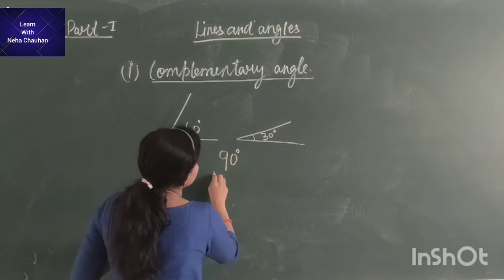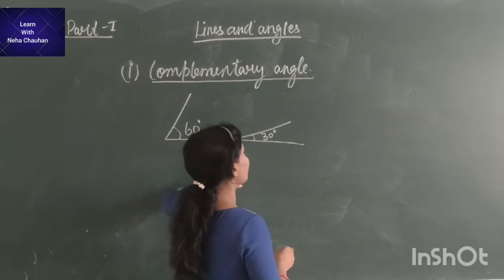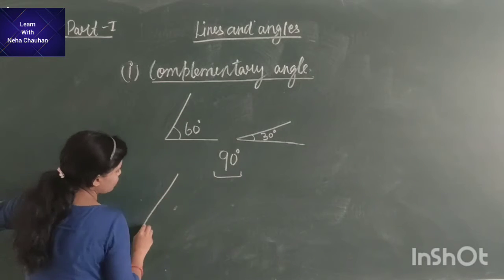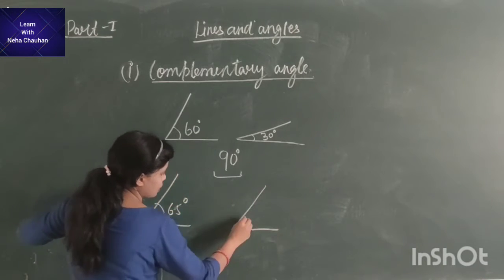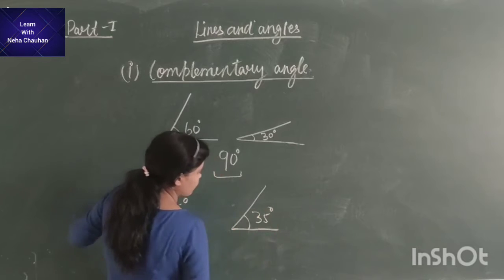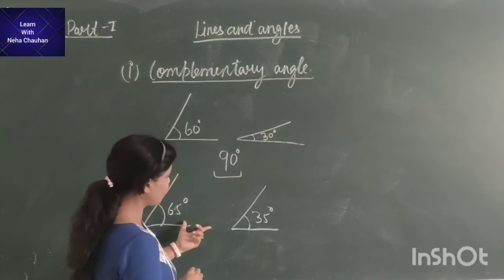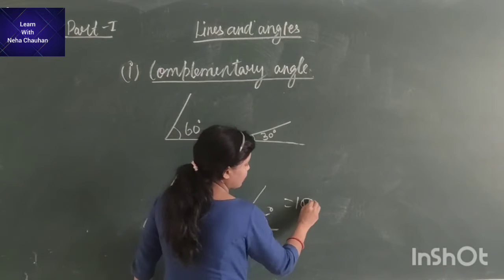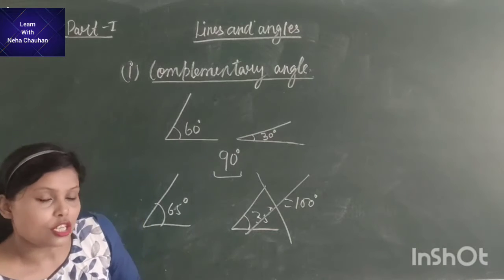So these two angles are complementary angles. Next, if I take 65 and 35, is the sum 90? No, this will be equal to 100. That means these are not complementary angles, right?